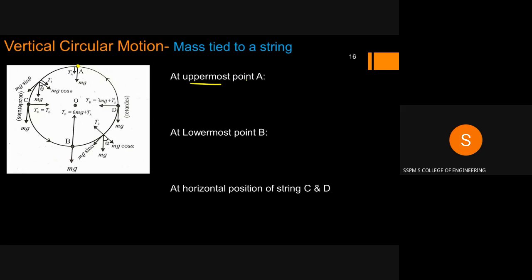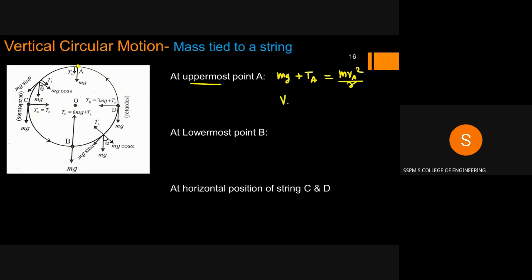At this point, the balancing equation is mg plus tension Ta, which is equal to the centrifugal force, m Va square upon r. From this we get the minimum velocity.